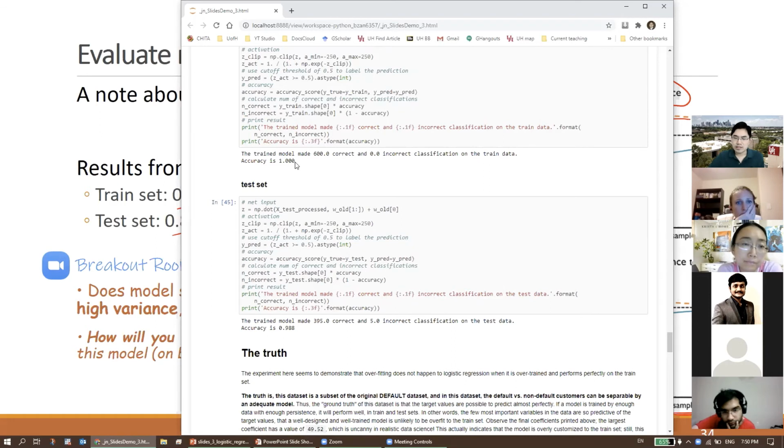One reason is that this data set is easy to separate. The ground truth is easy to get for an adequate model, and logistic regression is an adequate model. So it can get at least as good as 99% with enough training. With more training, you cross the line. You tend to remember the data set.